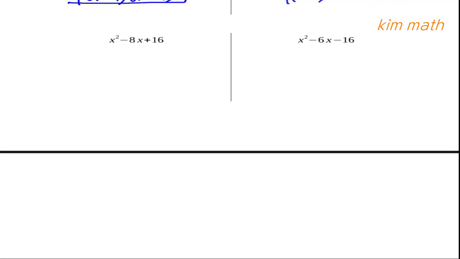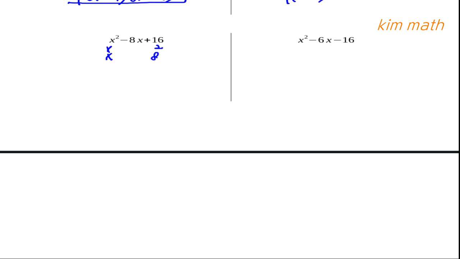Okay, two more questions. x. Again, I will show you my trial and error. 1 and 16. Not possible to make a -8. Good. How about 2 and 8? With 2 and 8, it is not possible to make a -8 by adding or subtracting.